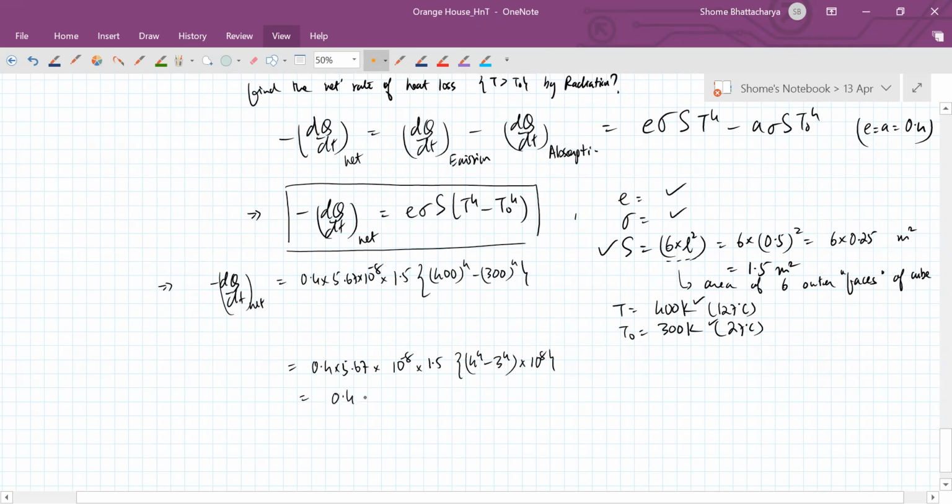So further, that is 0.4 into 5.67 into 1.5 into 4 to the power 4, which is 16 square, so that is 256, minus 3 to the power 4.